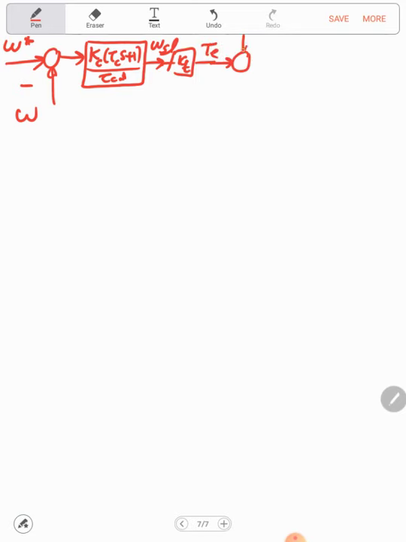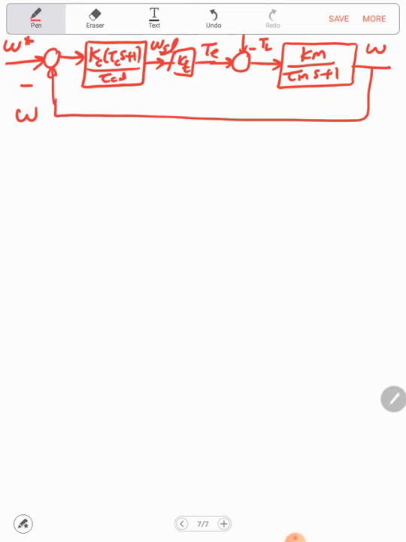Now here we are assuming we have the load torque, which is in general an unknown disturbance, and this will be the mechanical part of the machine, which we wrote in terms of DC gain and time constant, Km over tau m s plus 1. This will be omega, and this will close the loop.